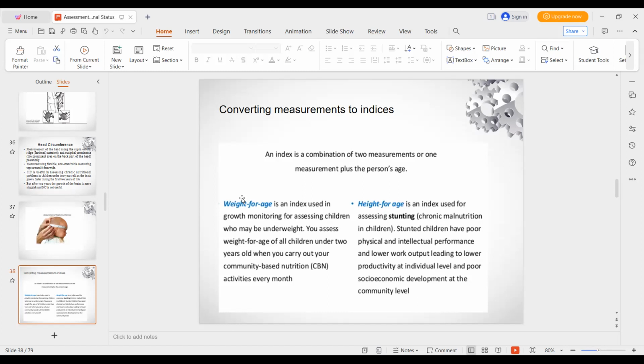You carry out community-based nutrition activities every month. Height for age is an index used for assessing stunting or chronic malnutrition in children. Stunted children have poor physical and intellectual performance and lower work output, leading to lower productivity at the individual level and poor socioeconomic development at the community level.